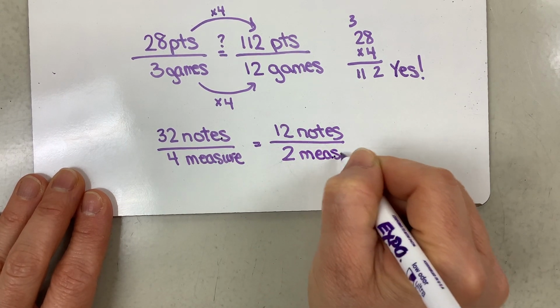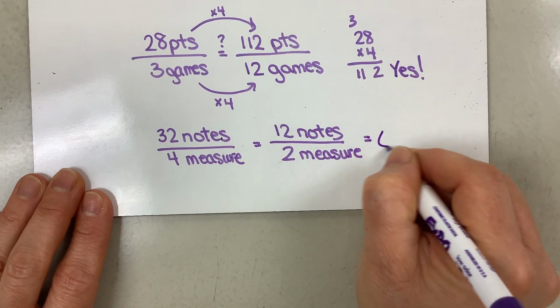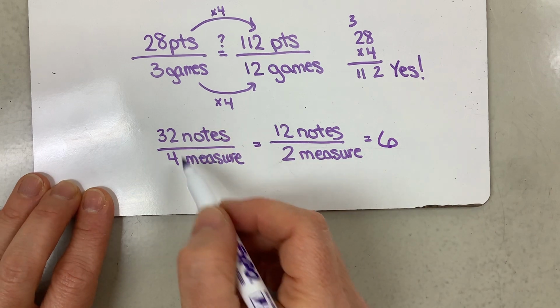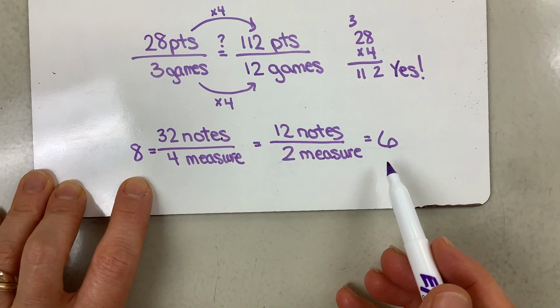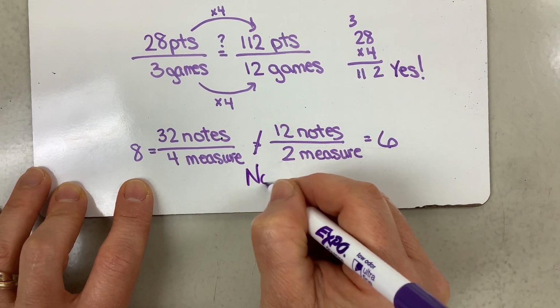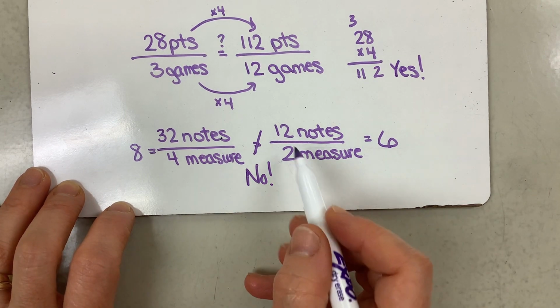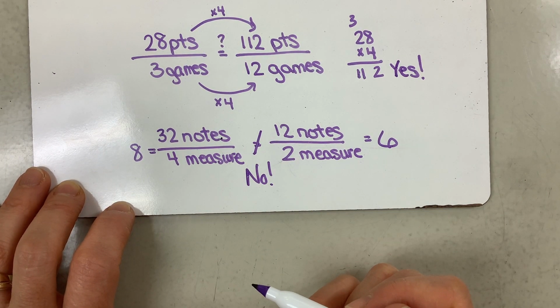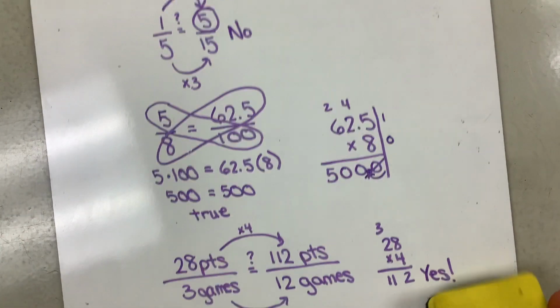Well, when I look at this, I know that 12 divided by 2 is 6. I know 32 divided by 4 is 8. Does 6 equal 8? And no, they don't. So that means no, this is not a proportion. It is not proportional because they are not equal. Right, so there are quite a few word problems in this topic.